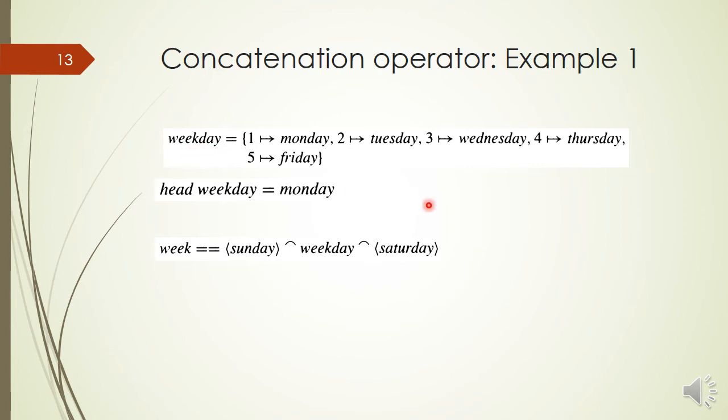And now you can use the concatenation operator to get a single sequence. Sunday is a single value, and you can apply the angle brackets on that to make a sequence, because you need to make a single value a sequence by adding angle brackets on both sides of the element.